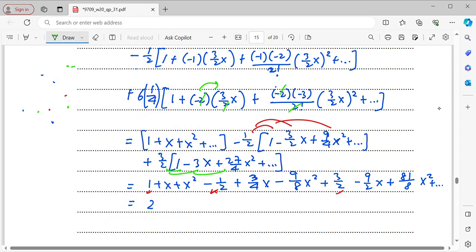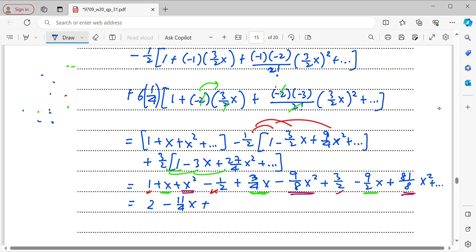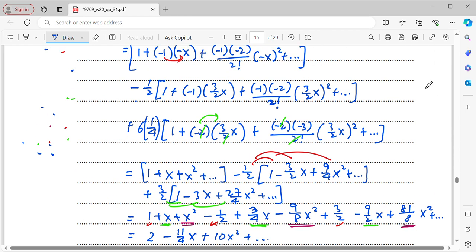And then for the x, 1x, 3 over 4x, minus 9 over 2x. So you will get minus 11 over 4x. Then for the x squared, 1x squared minus 9 over 8x squared plus 81 over 8x squared. At last you will get positive 10x squared. So that's the binomial expansion for this question.